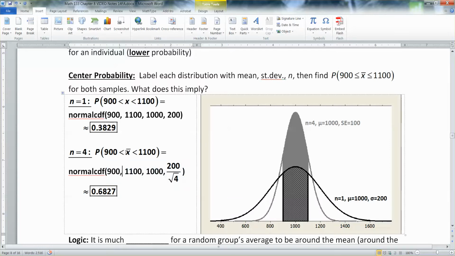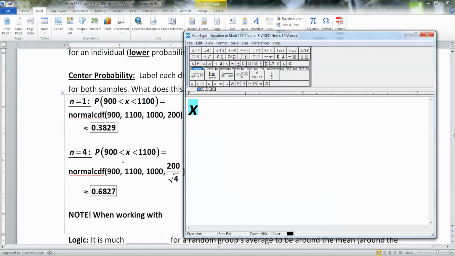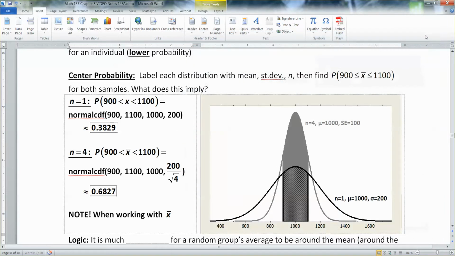You use this anytime you're talking about x bar. So you see how this bottom one is x bar, that's why we use sigma over the square root of n. So let me make a note of that. So note, when working with x bar, use standard error, not standard deviation.